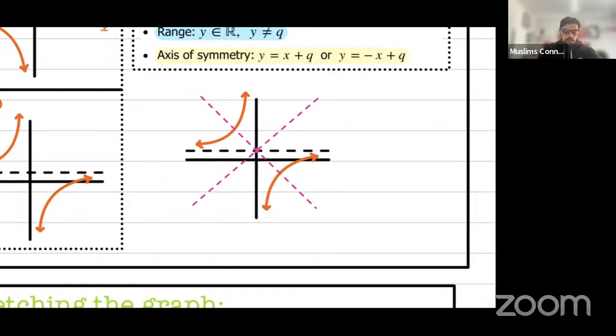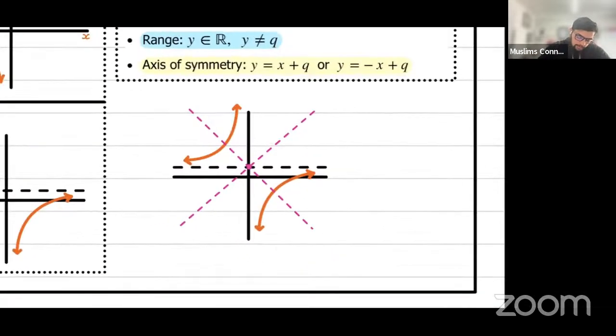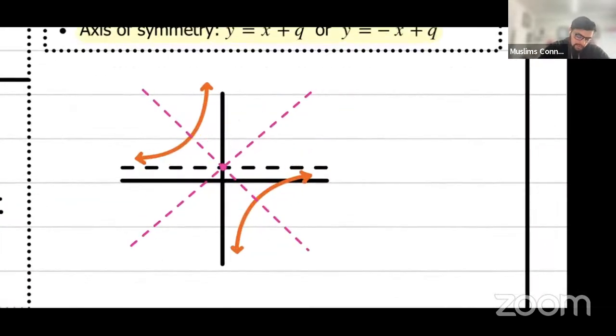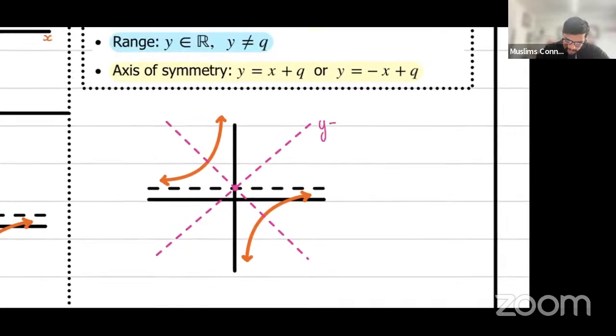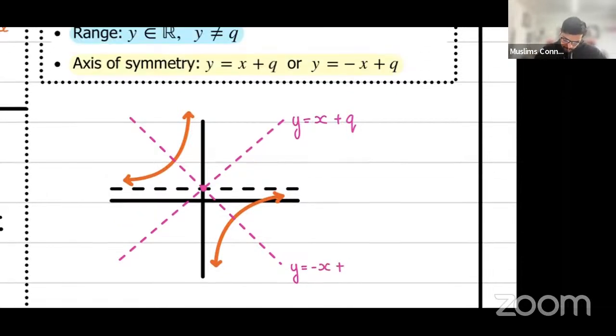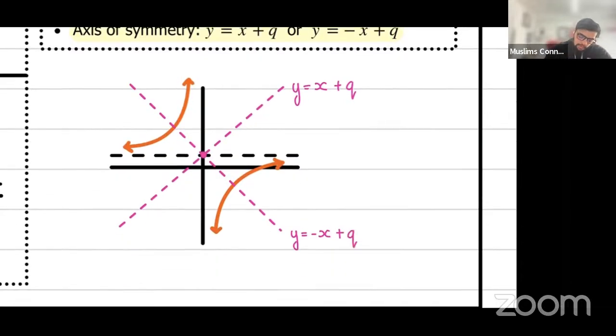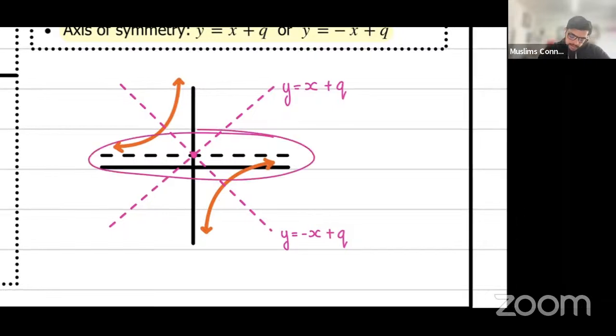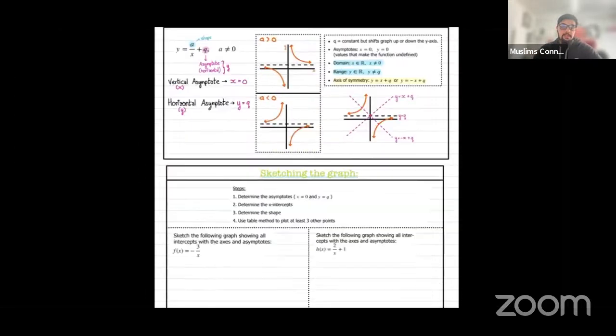This one here has a positive gradient and has the equation y is equal to x plus q. And this one has a negative gradient. This is y is equal to negative x plus q. And q is the value of our horizontal asymptote. This equation is y is equal to q, whatever it may be. So those are the axes of symmetry.